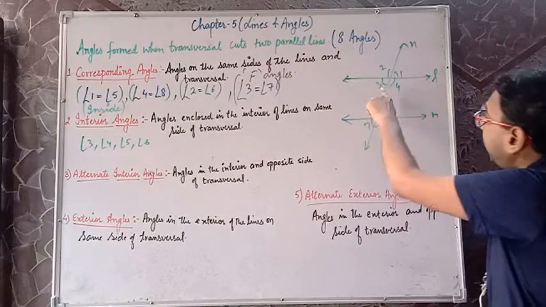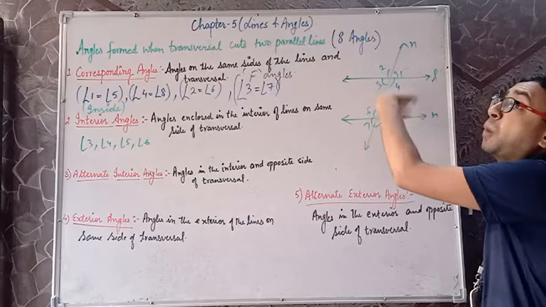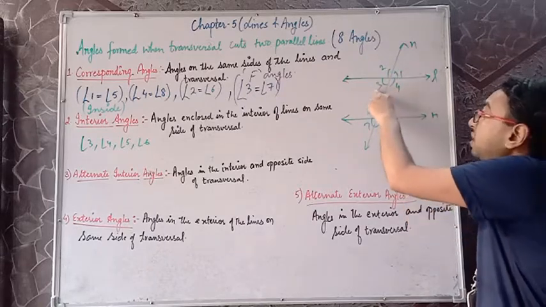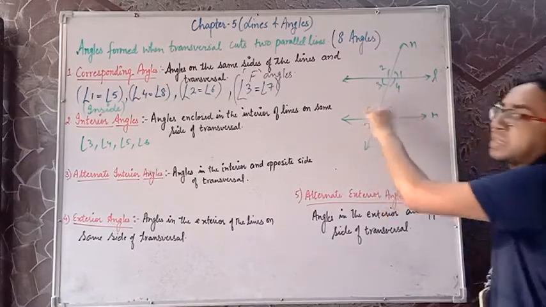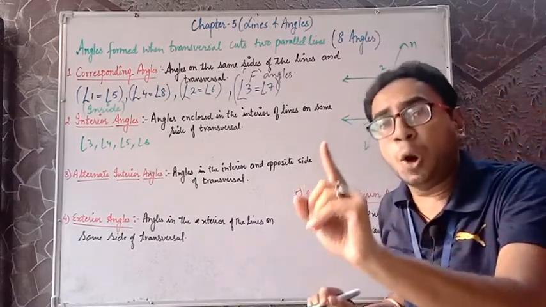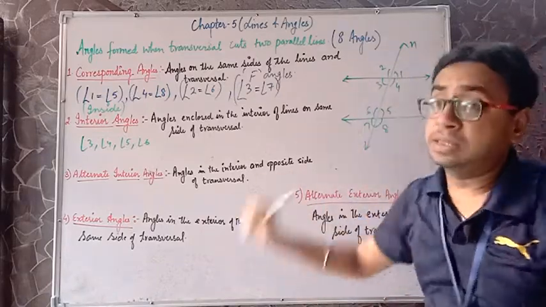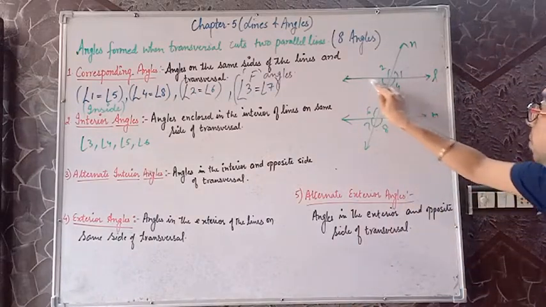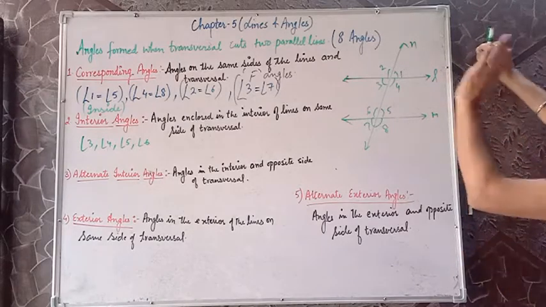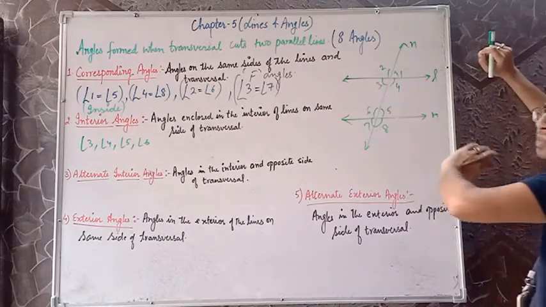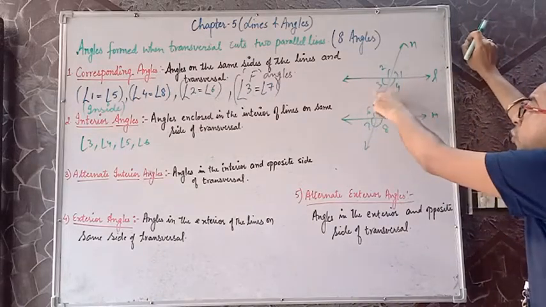If I talk about angle 3, it is interior, and it has options: it can be equal to 4, or 5, or 6. But 3 and 4 cannot be equal, because they are on a line; if they were equal, each would be 90 and together they form 180. That forms a linear pair.